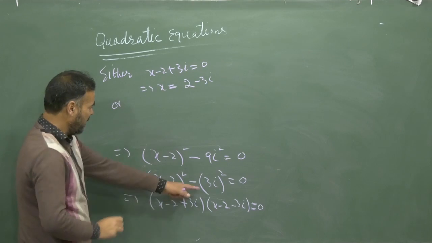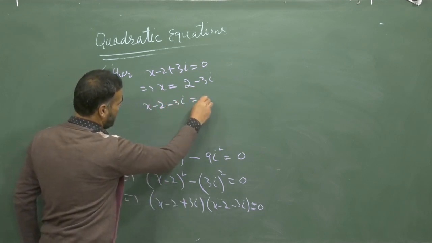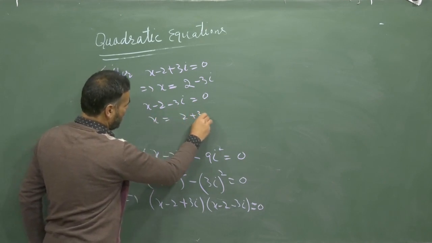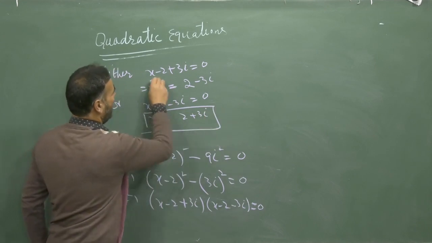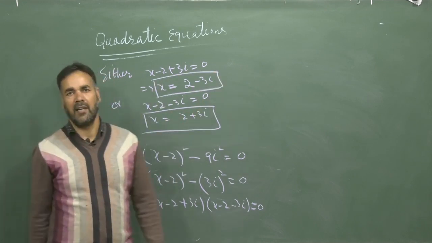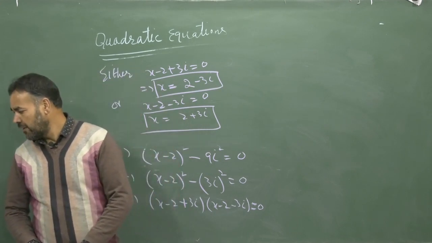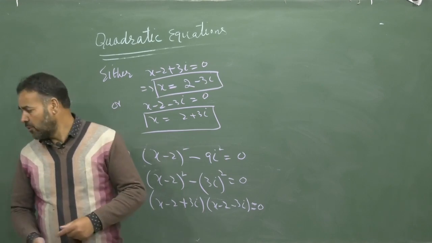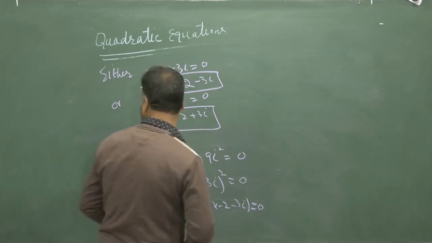Or the second part, that is x minus 2 minus 3 iota is equal to 0, means x will be equal to 2 plus 3 iota. So this 2 plus 3 iota and 2 minus 3 iota, these are said to be the two roots of this quadratic equation having complex roots.